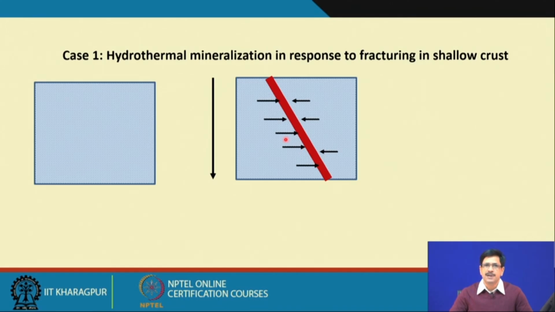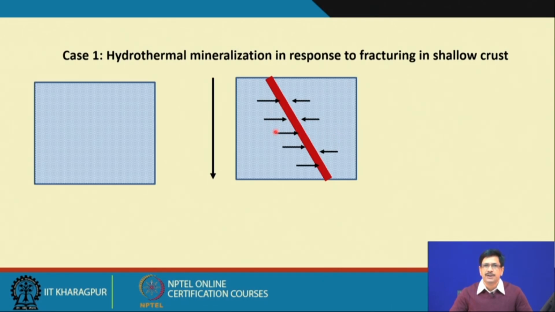In response to that we will start depositing the materials, especially for example silica, and that is how we get lots of quartz veins in the crustal rocks under diverse types of rock composition. Since silica is one of the most dominant and the most abundant chemical species, we can get the silica remobilized from the rocks to the fracture zone.